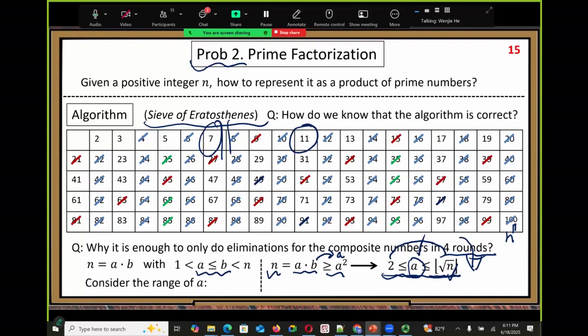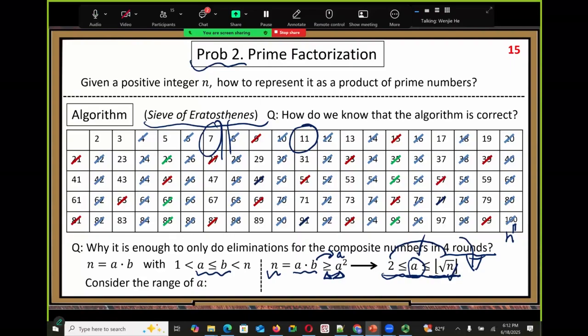But when you replace b by a, you make the second factor smaller, so the product should be smaller. That's why we use this greater or equal sign. So you use the smaller factor because we're trying to minimize the number of rounds.